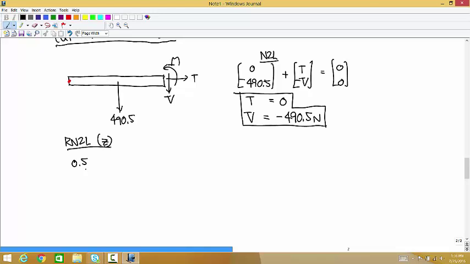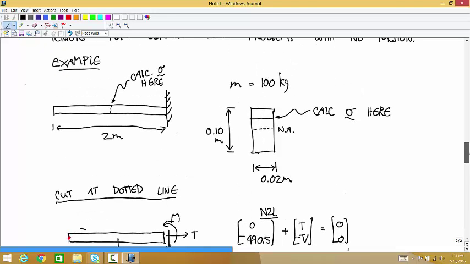So 0.5 times 490.5, and is that clockwise or counterclockwise? Clockwise, so that's negative. And then we have plus M minus Vx. The length is 2 meters. The length of our piece is 1 meter.